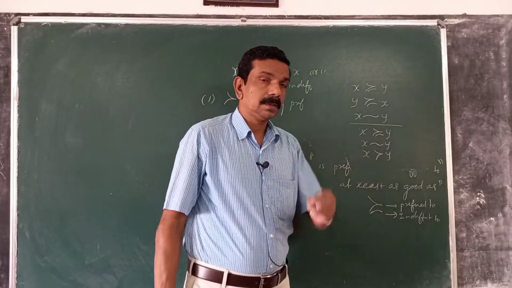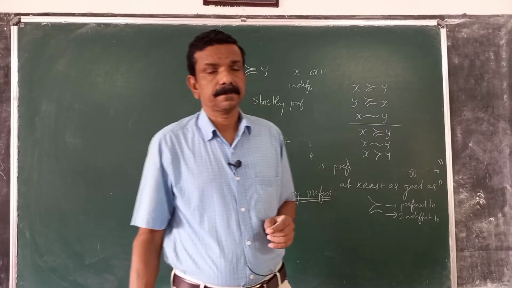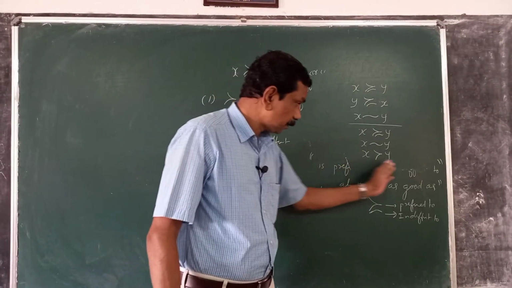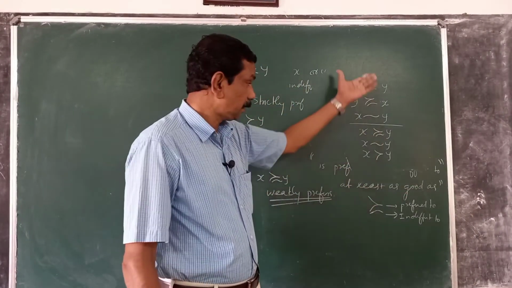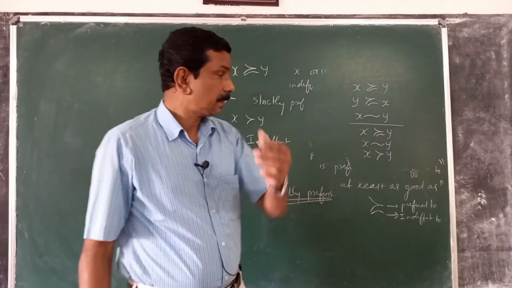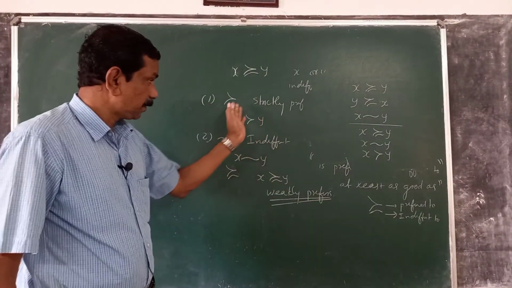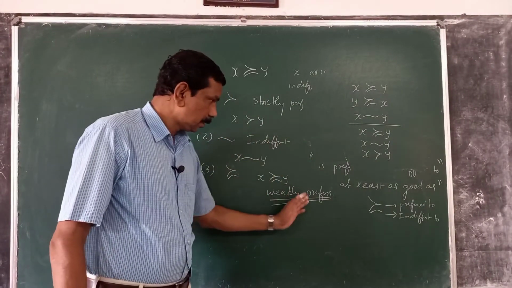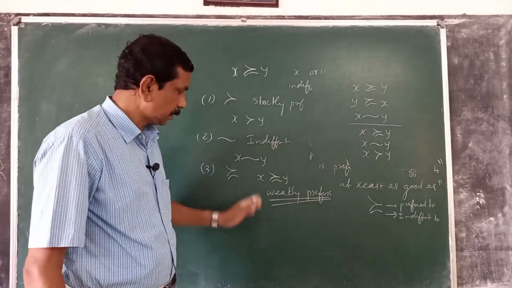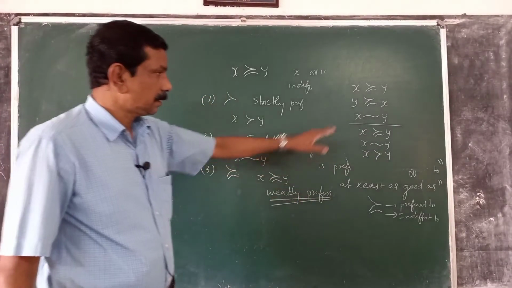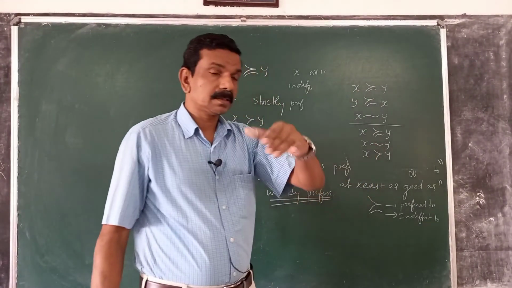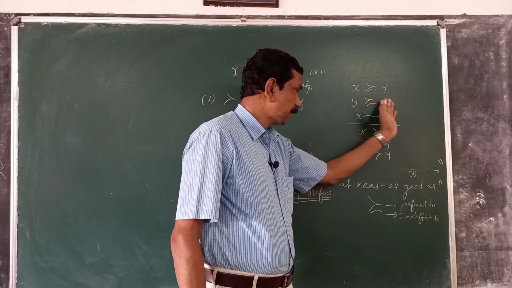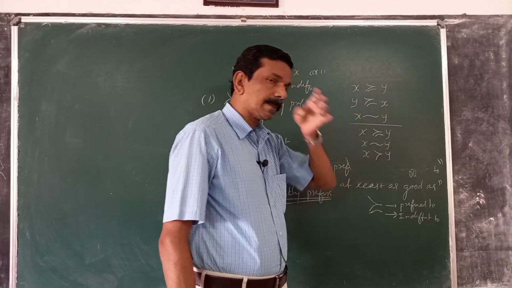So, this is the preference relation. Given any two bundles, we can say the bundle x is preferred to bundle y, indifferent to, or preferred to or indifferent, that is weakly prefers. Then these preference relations themselves are related. If x is weakly preferred to y, and y is weakly preferred to x, then x is indifferent to y.